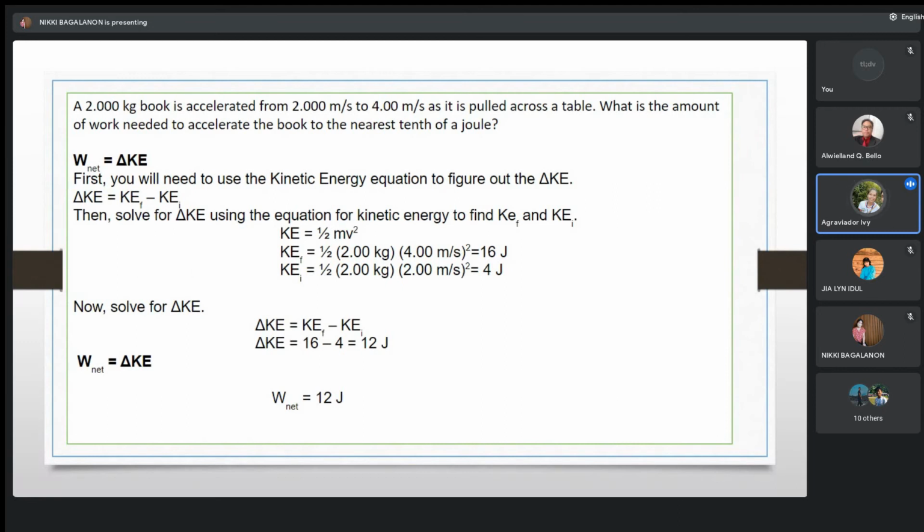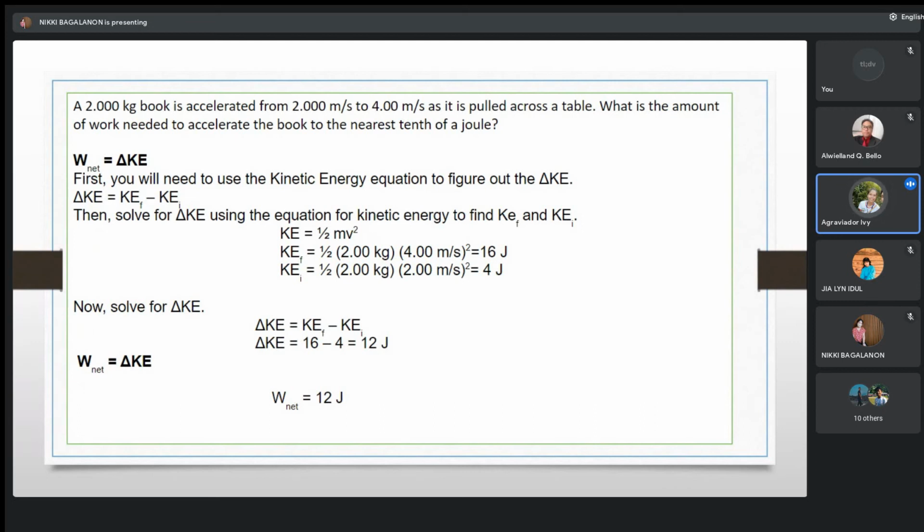Kinetic energy equals one half mass velocity squared. Final: one half times 2.0 kilograms times 4.0 meters per second squared equals 16 joules.